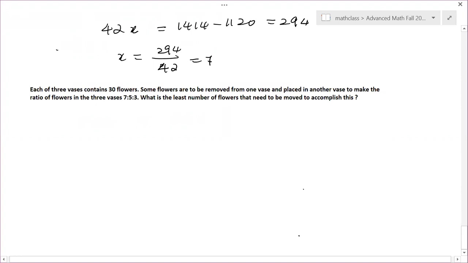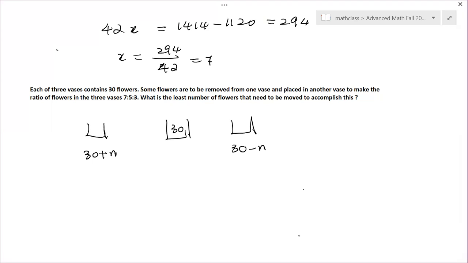Okay, so let's think about it. Each of them contains 30 flowers. We're trying to keep the 30 here in the middle. So we move 30 minus n and add it to this side. We hope we can solve this problem.